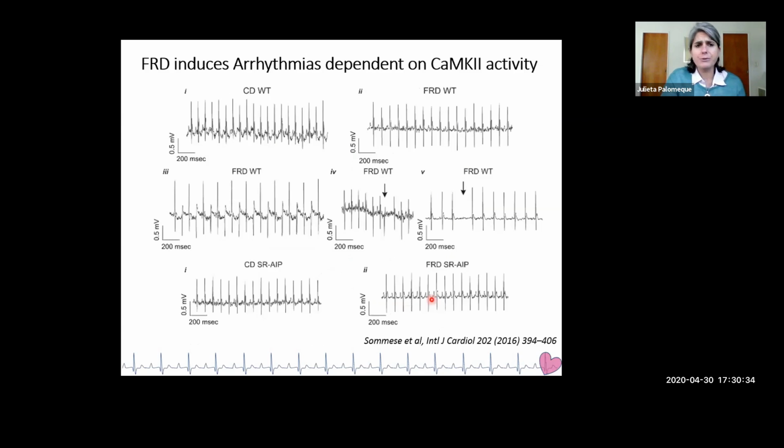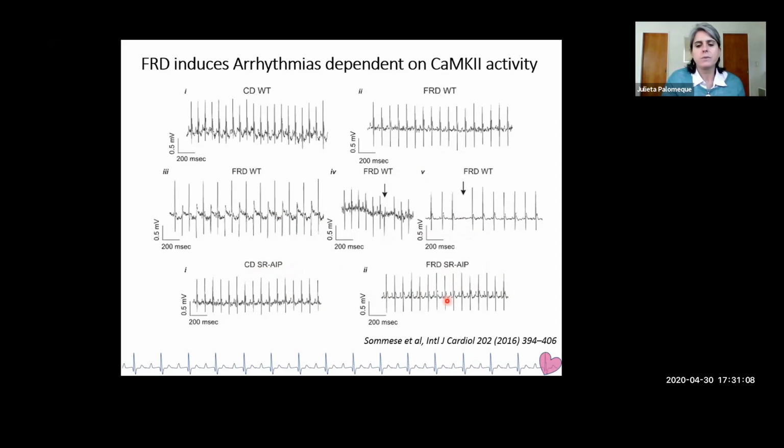So all these results lead to arrhythmias, because by performing ECGs in the mice we could check that the fructose-rich diet in the wild-type mice induces even bradycardia, bidirectional tachycardia, ectopic beats, or AV blocks. And this kind of arrhythmia could be avoided in SRIP mice, which have the inhibitor peptide targeted to the SR membrane.